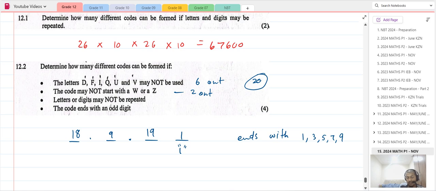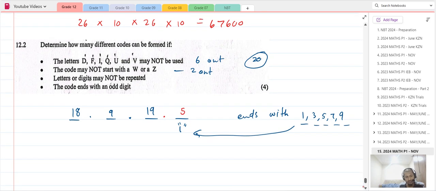The code can end with 5 different odd digits, 1, 2, 3, 4, 5 options, so I will say times 5 at the end. Okay, so I've got 18 times 9 times 19 times 5.